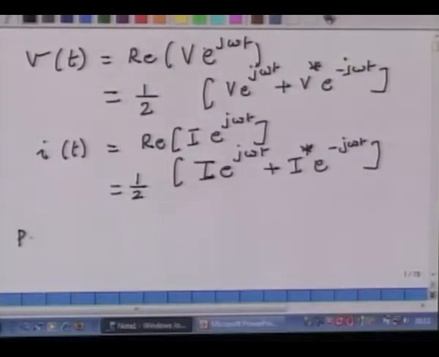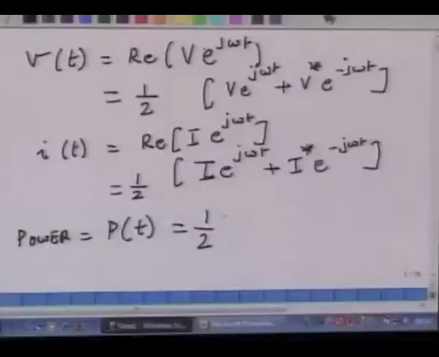So my power equals, and I use the uppercase letter P(t), as a function of time, is basically a multiple of instantaneous current and instantaneous voltage. So remember, we are talking about instantaneous power, and that is basically a product of instantaneous voltage and instantaneous current.